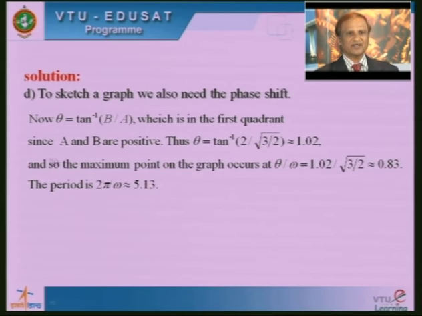1.02. And so, the maximum point on the graph occurs at theta divided by omega, that is equal to 1.02 divided by square root of 3 by 2, approximately 0.83. The period is 2 pi by omega, that is equal to 5.13.